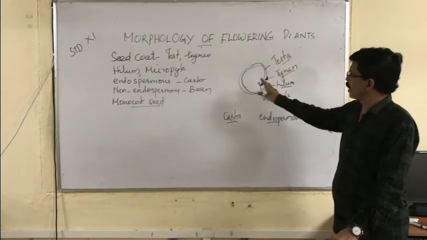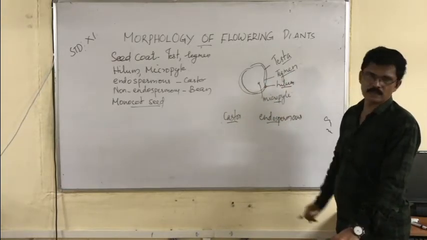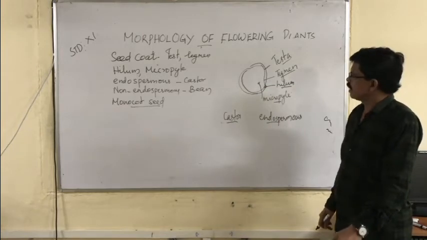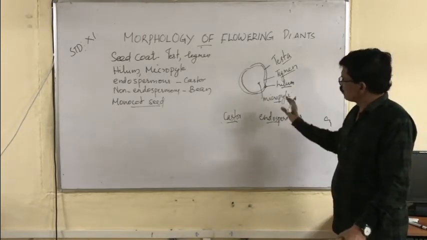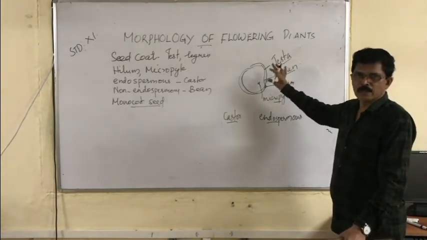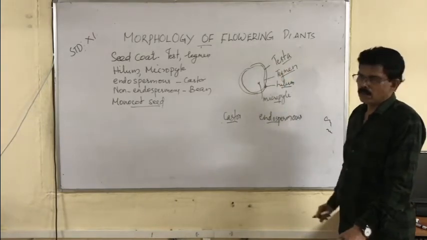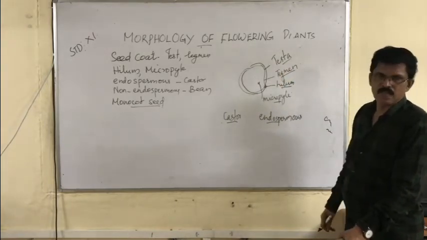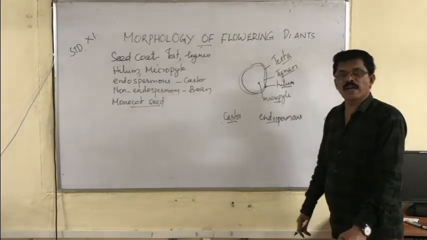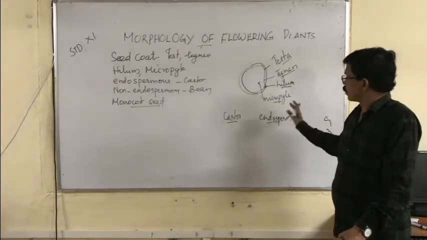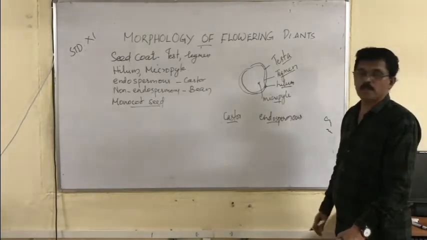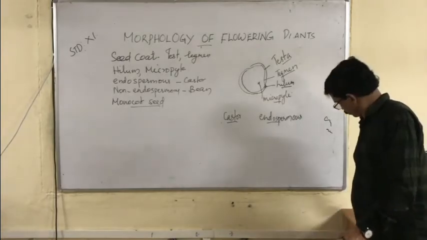A seed is endospermous if endosperm food is present inside, for example castor. If it does not contain endosperm, it is non-endospermous, for example bean and pea.